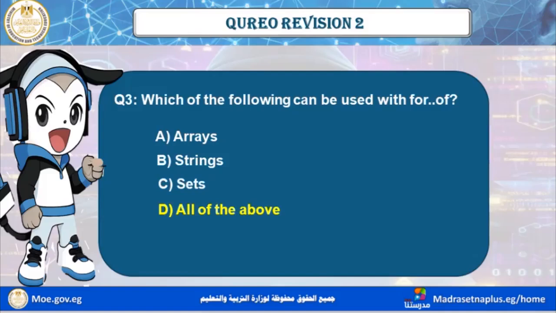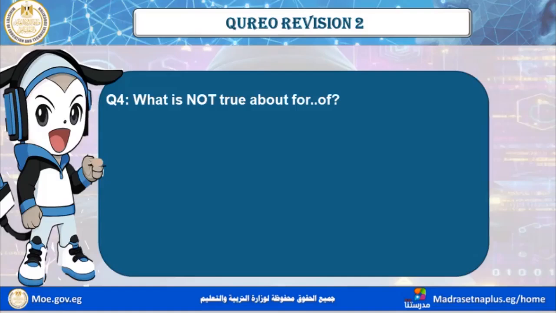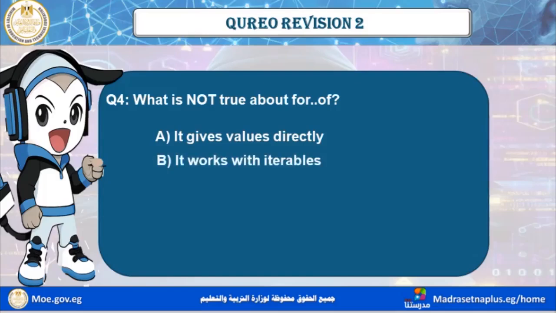What is not true about for of? Carefully care about this type of question. بنتلخبط. We have 3 true statements and only 1 not true, which is the correct answer. It gives values directly. It works with iterables.